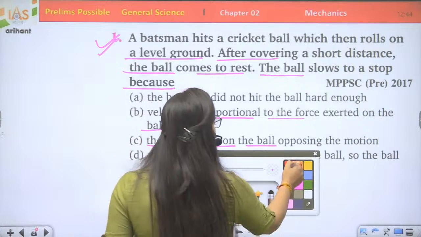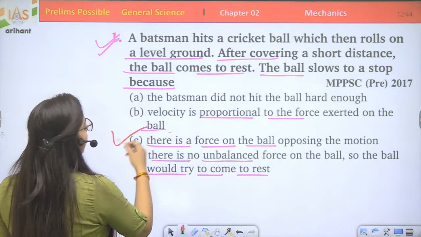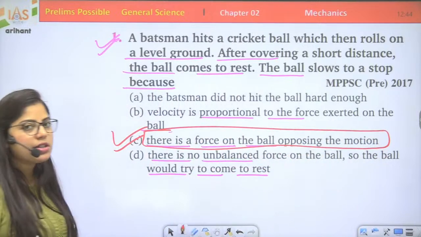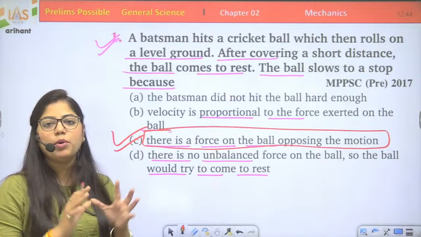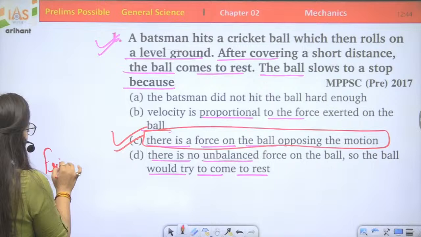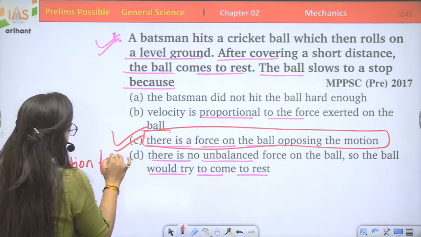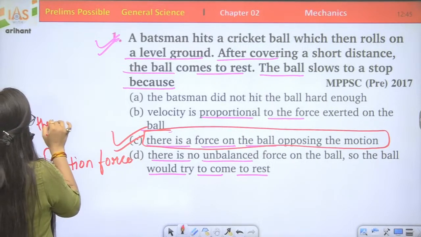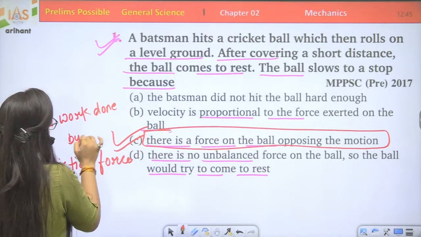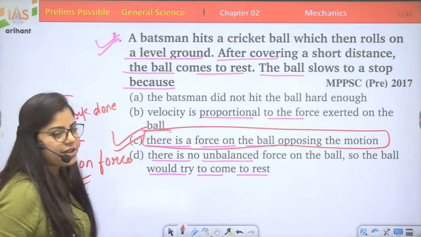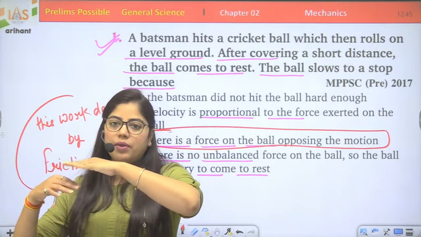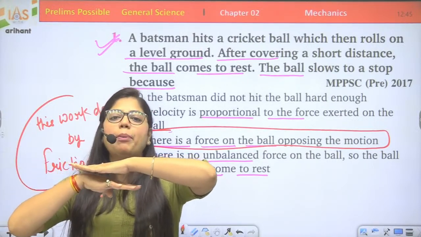See, the correct answer is: there is a force on the ball opposing the motion, and the force opposing the motion is friction. We call it friction force. This is work done by friction force. If you are moving in this direction, friction force acts in the opposite direction.